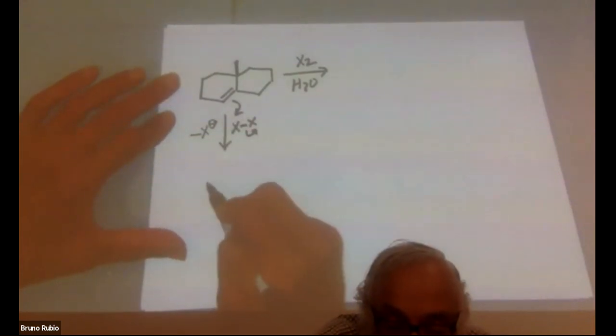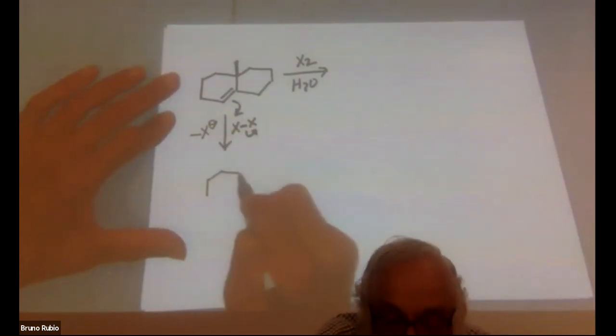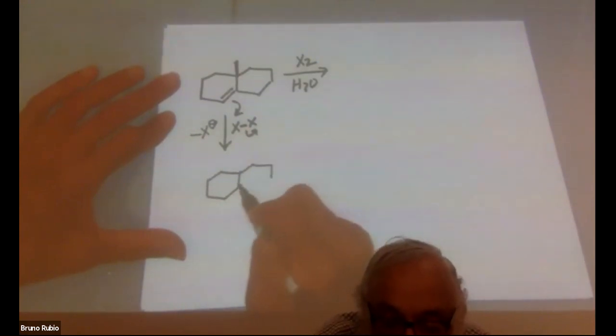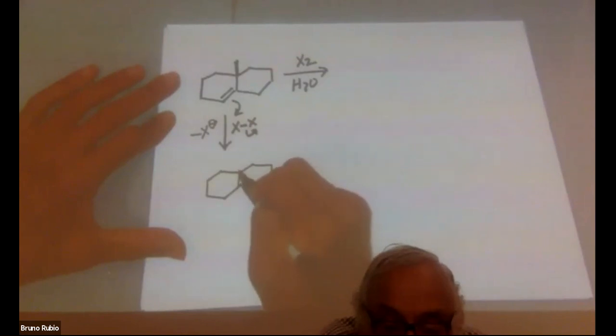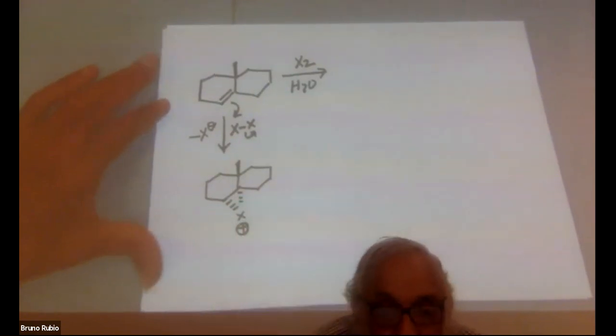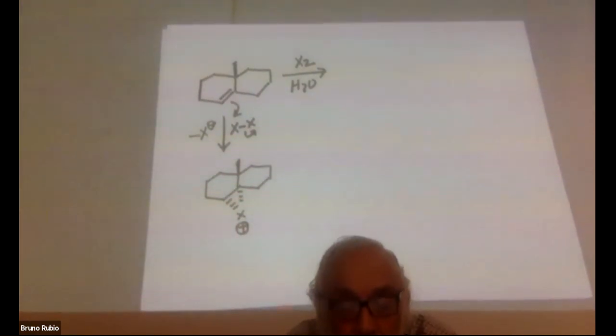And remember we said that for steric reasons, that cyclic halonium is going to form on the less hindered side of the original alkene. So there's our first important intermediate.